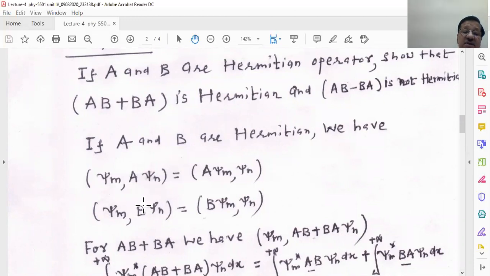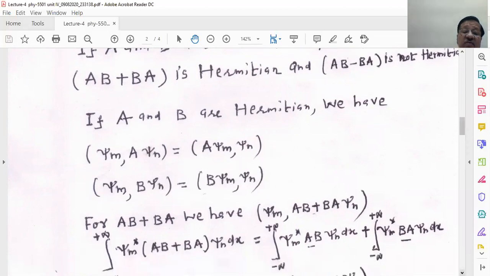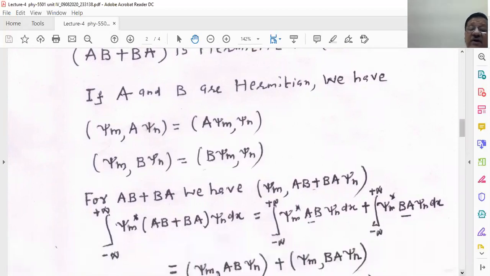If B is Hermitian, then the scalar product of psi m with B psi n should be equal to the scalar product of B psi m with psi n. Fine. So now we want to verify that for operator AB plus BA, if it is Hermitian, then we have to verify its condition.